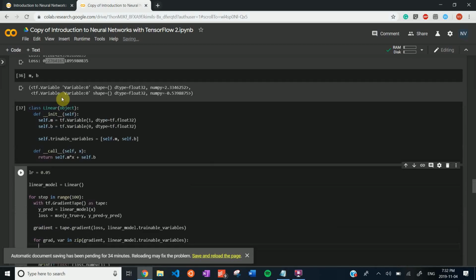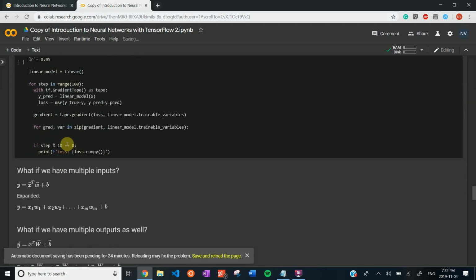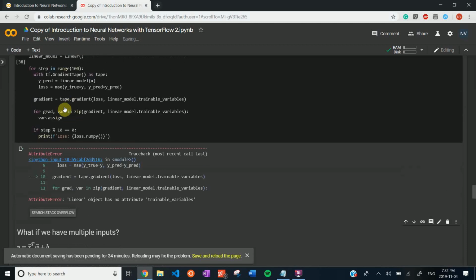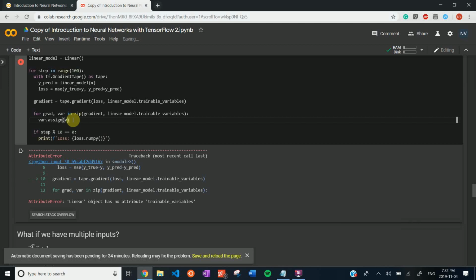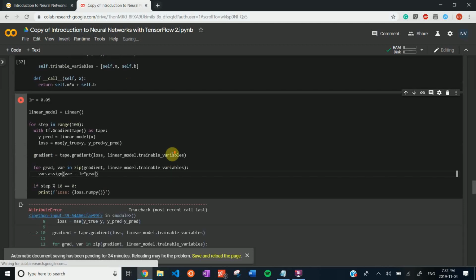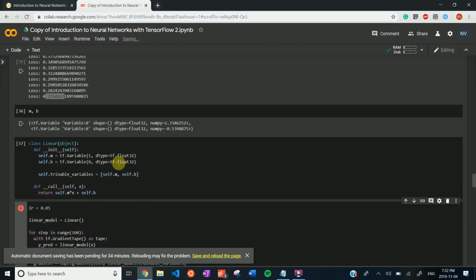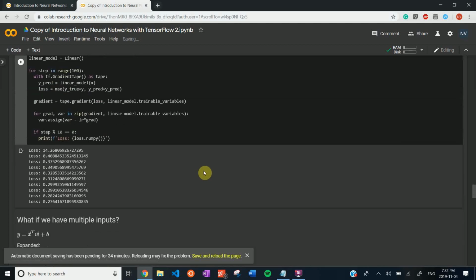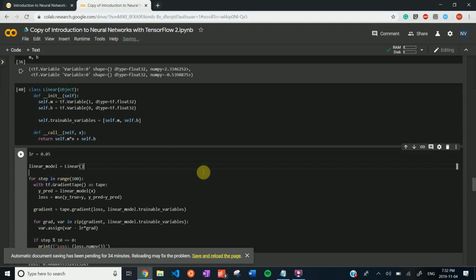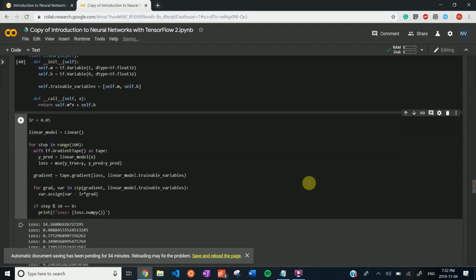And so we're going to do exactly what we did up here, where for the variable, we're just going to assign the variable minus the learning rate times the gradient. Great, so this is the exact same thing. Any questions about this part right here?